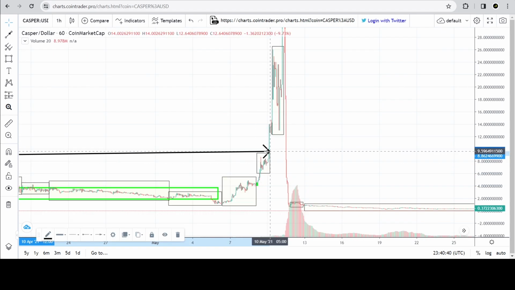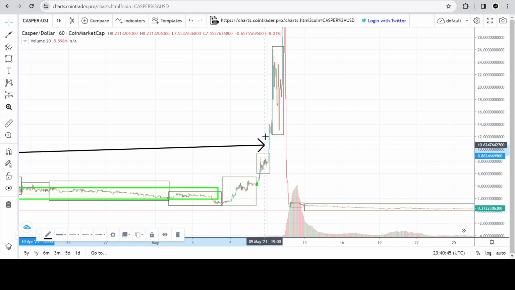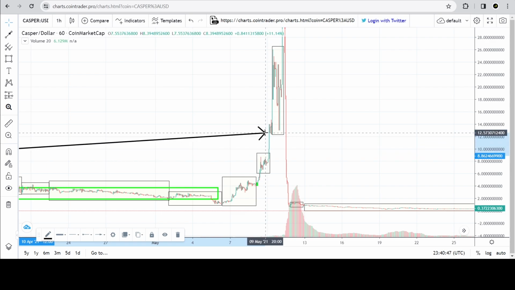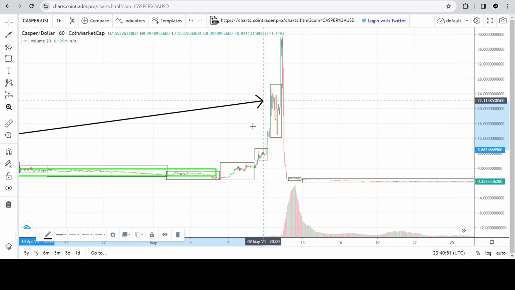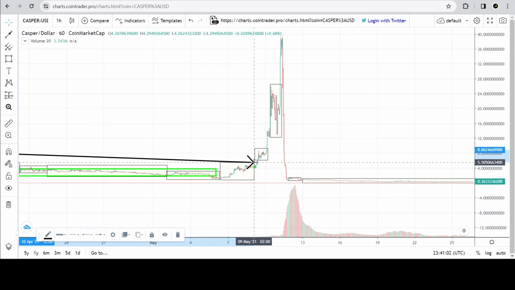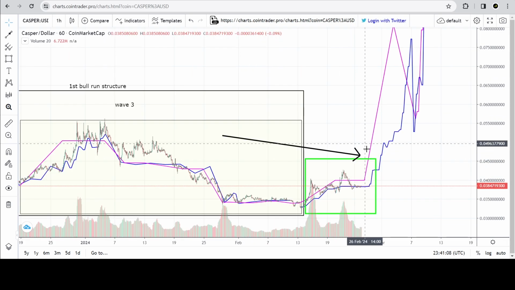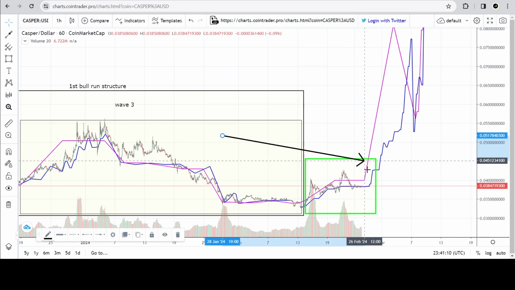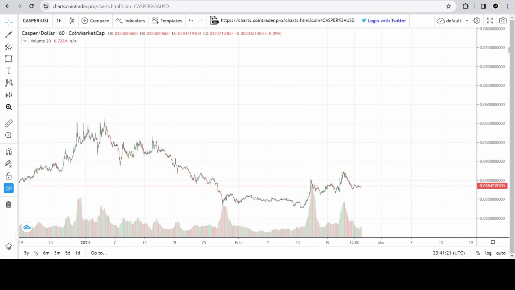As this progresses through these corrective parts, you begin to get more movement the further along this structure goes. So we are only in the beginning part. There's a lot of sideways movement in the beginning part. As this structure develops, we get more movement upward, but be prepared for a bit of a slog going up in this part. All right, so I cleaned this chart up a bit.